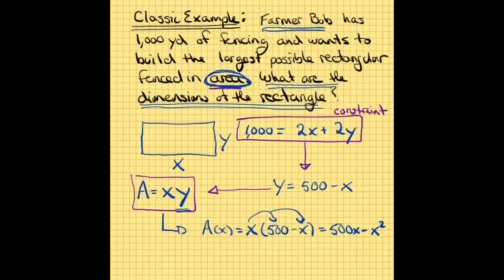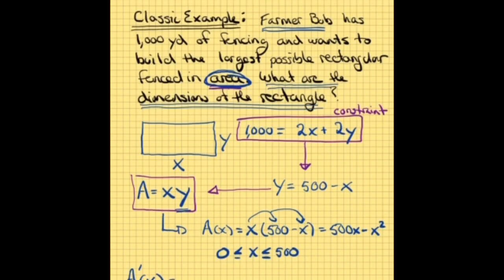Note, in this particular example, the smallest x would be 0, which is silly, and the largest x could be is 500. The reason I say 500 is one can imagine rolling the fence one direction 500 yards and immediately rolling it back another 500 yards, kissing the other side of the fence.